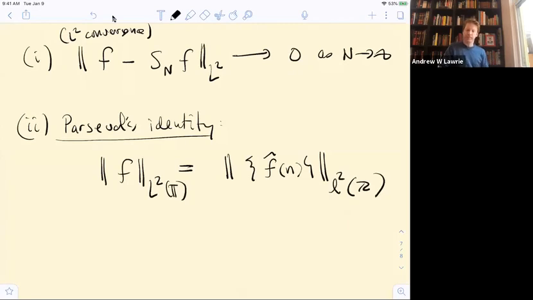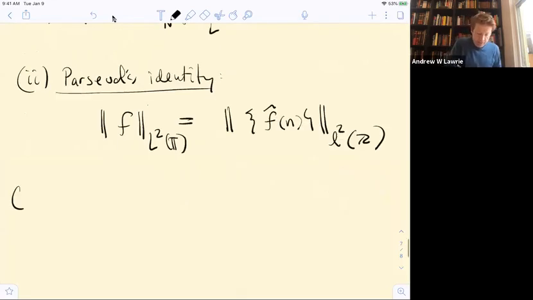Let's see. So you have an identity here. Maybe I'll put squares here. Okay, so the neat structure is that we have a mapping.